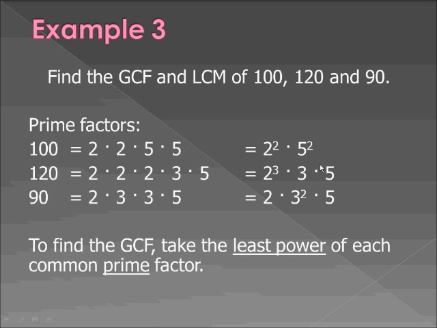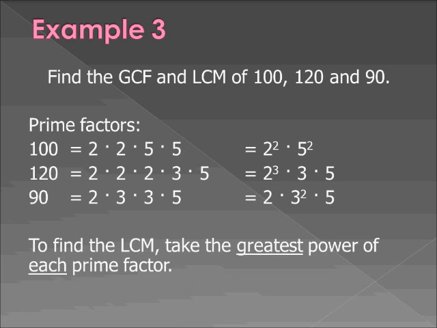However, we do have a 5 prime factor, and the least power of 5 is found in both the 120 and the 90, which is the first power, or 5. We cannot use the 5 squared for greatest common factor because neither the 120 nor the 90 has a 5 squared. So we multiply the 2 times 5, the common prime factors. Both of those have the smallest exponent of 1, and so the GCF is 2 times 5, or 10.